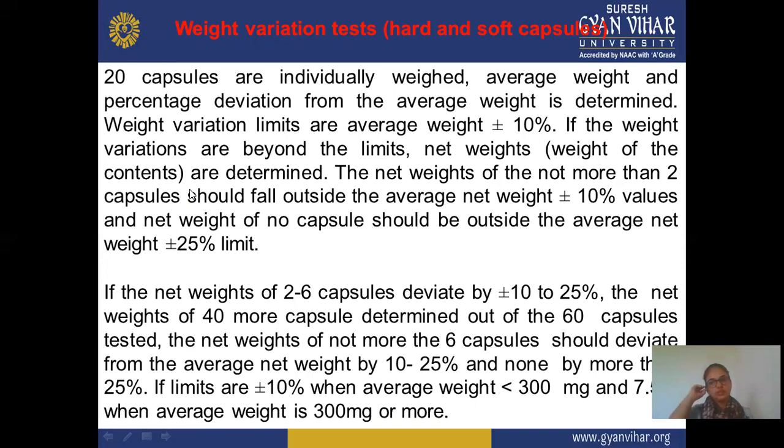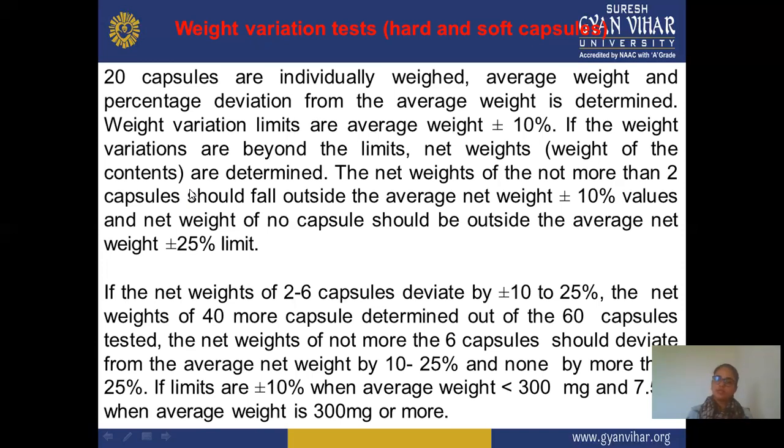If it's more than 6, then you can reject your test. Overall plus minus 25% is accepted, and 6 capsules beyond the 10% plus minus are accepted. If it's not appropriate, then you reject your batch. And the net weight of these 6 capsules should deviate from the average net weight by 10 to 25%, and not by more than 25%.